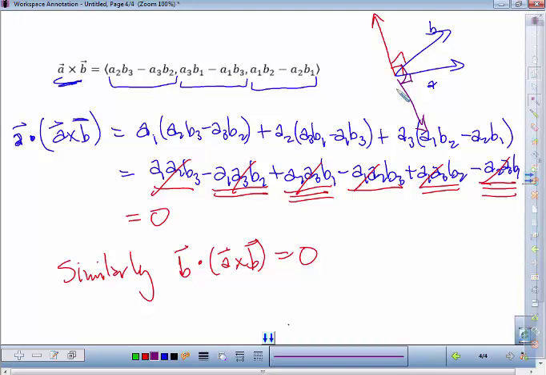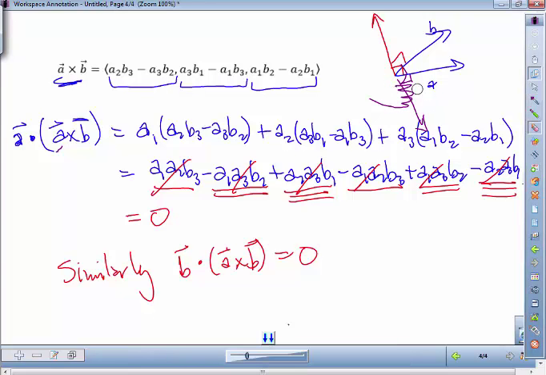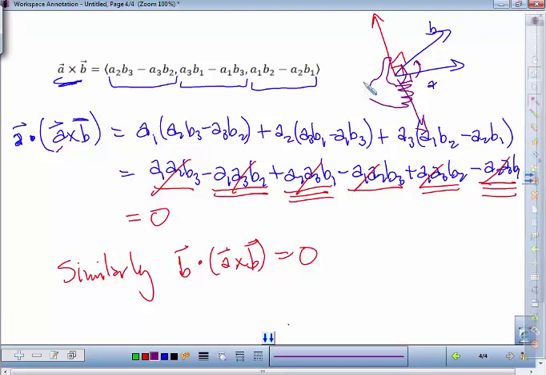For A cross B, you wrap the fingers of your right hand around A first and then B, and whichever way your thumb is pointing is the direction of your vector.